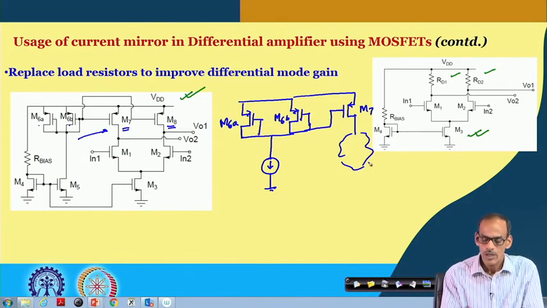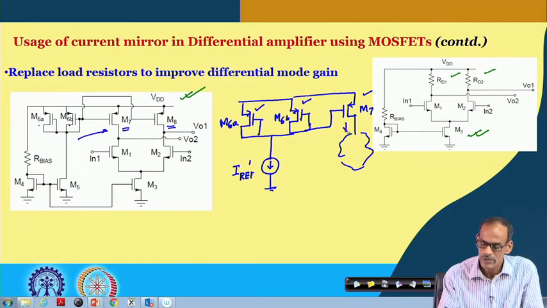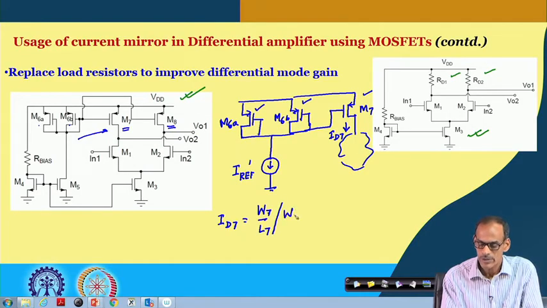Now, if I call this I reference dashed, and by virtue of current mirror, if I consider this transistor and this transistor, they are identical, then the current flowing here, if I call this I D7, then I D7 can be given as W by L of transistor 7 divided by W by L of transistor 6.